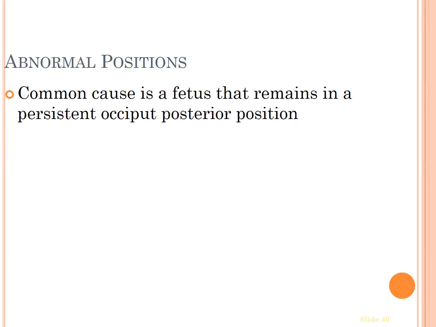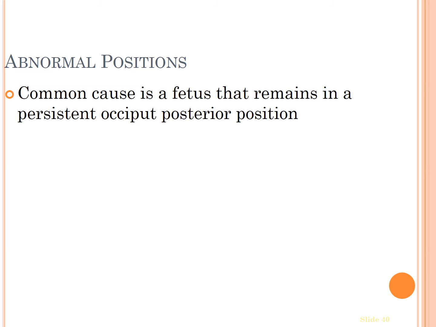So a common cause, or a position that we see in the fetus, is when the position of the head is persistently occiput posterior, or LOP, ROP, LOT, transverse, or ROT.